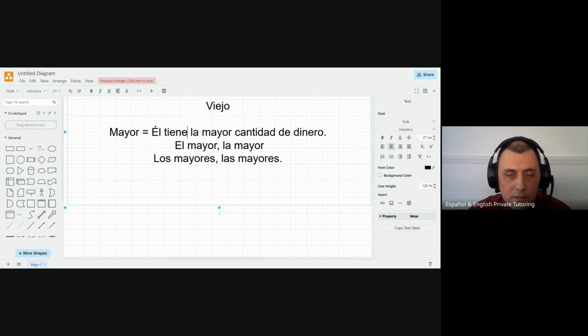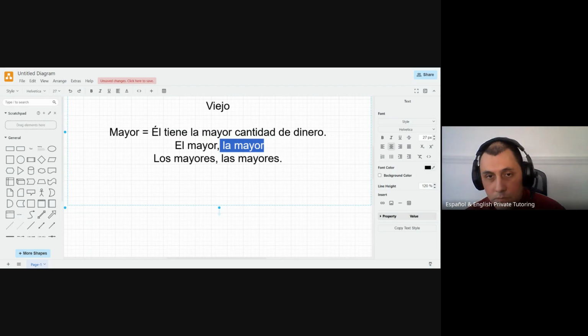The idea is that he has the most quantity of money. So when mayor is referring to quantity, it doesn't translate as older, it means the most. Él tiene, bueno, this will be the superlative, la mayor cantidad. I'm sorry, this will be the superlative, not the comparative.